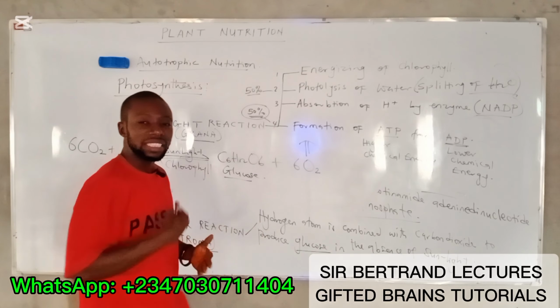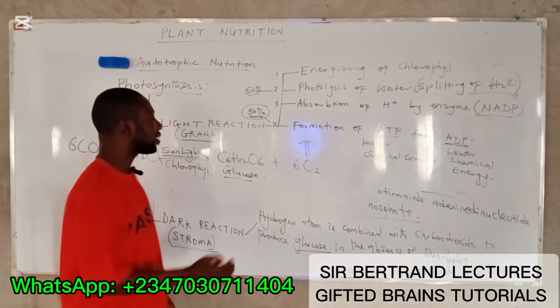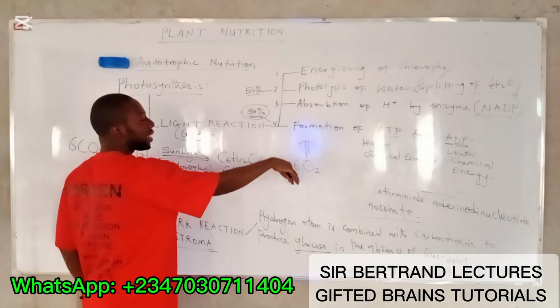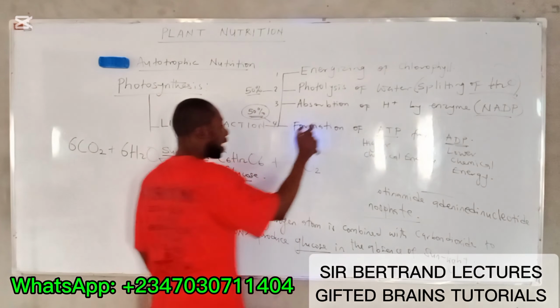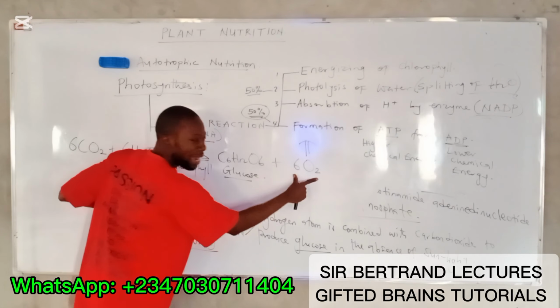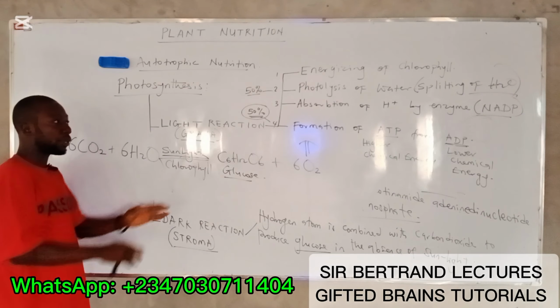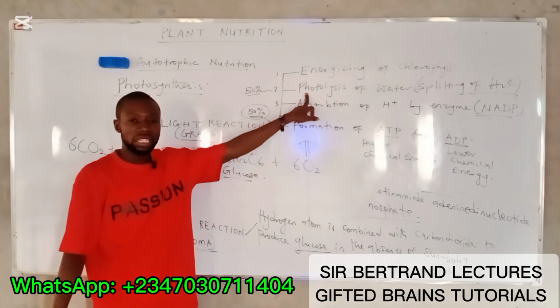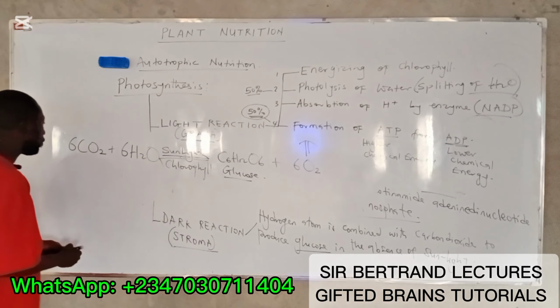Then further, the hydroxide ion will be split into hydrogen ion and oxygen gas, which is now given off as a gas. So that is because of the photolysis of water. That is why the answer is said to be water. Oxygen given off by plants during photosynthesis is gotten from water because of this reaction. That is why the answer is water. Do you understand? All right.